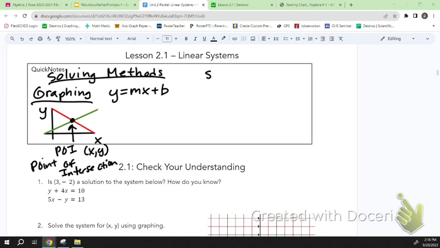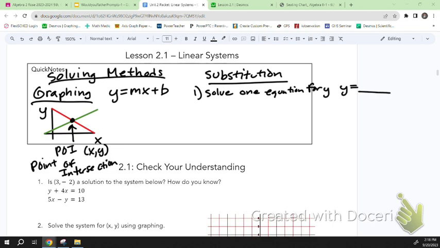The second method we did was substitution. And I've got some steps for us to follow. When do we do substitution? Yeah, when we have y equals something. So maybe you can solve one equation for y. So it's y equals something.